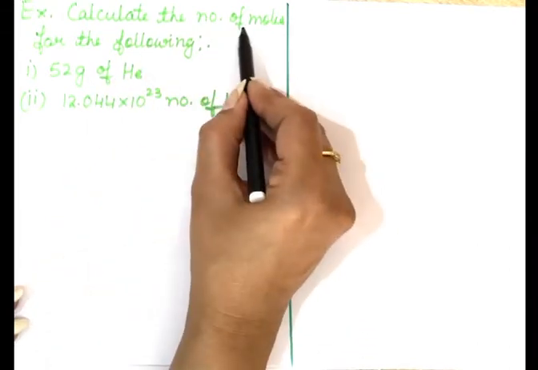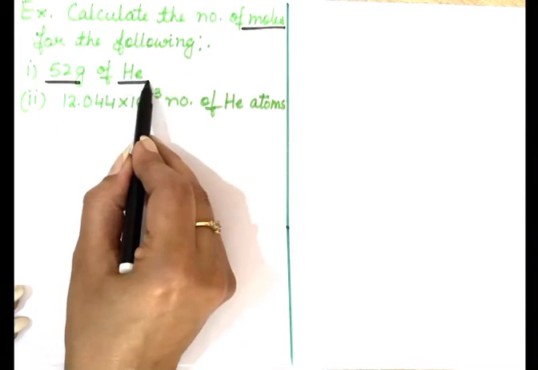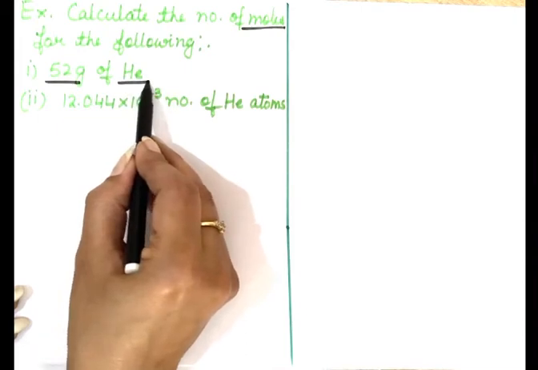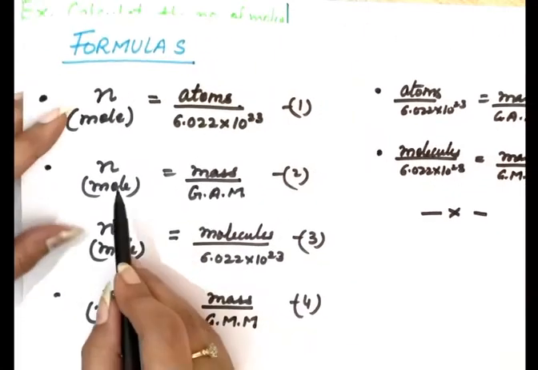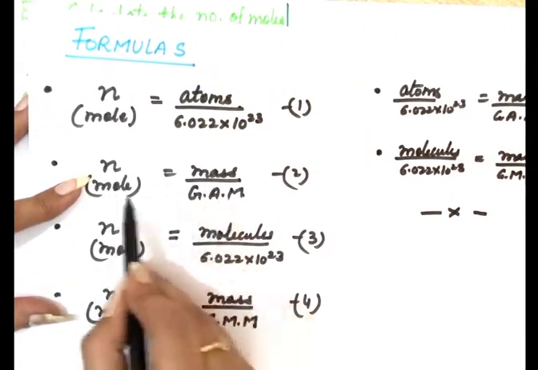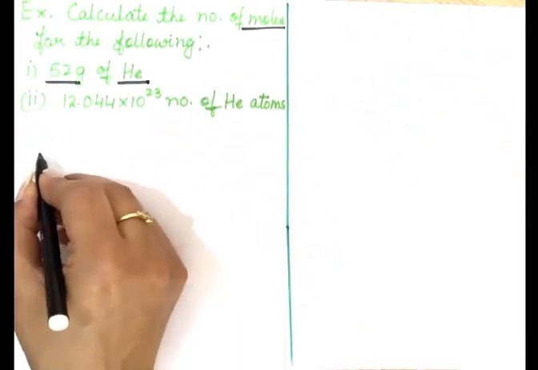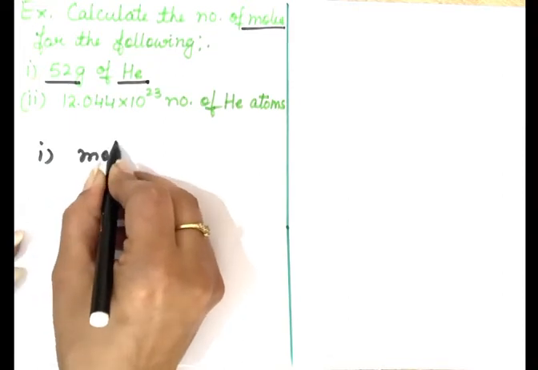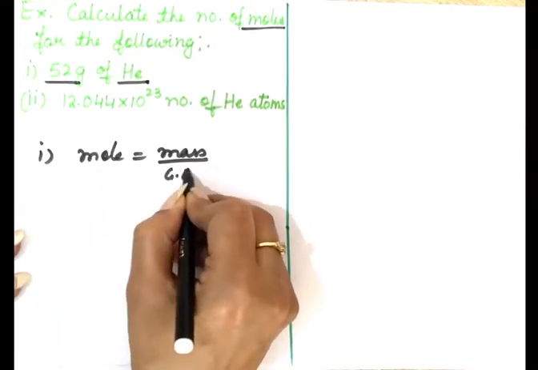Now see, moles we have to find out, mass is given, and this is an element. So we use the formula for element where we have mole and mass: mole equal to mass upon gram atomic mass.